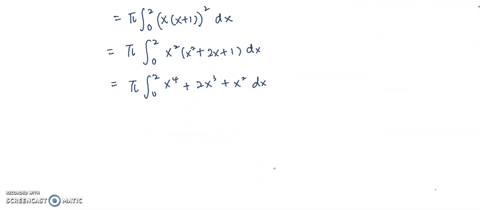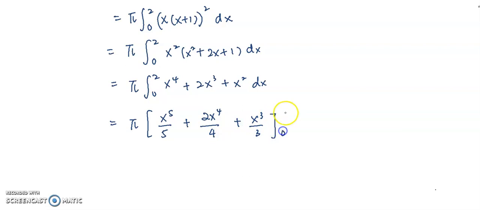So now you are ready to integrate. Integrate x to the power of 4, you get x to the power of 5 over 5, plus 2x to the power of 4 over 4, plus x cubed over 3. And put in your lower limit and upper limit. So now you just get ready to substitute the upper limit minus the substitution of the lower limit.